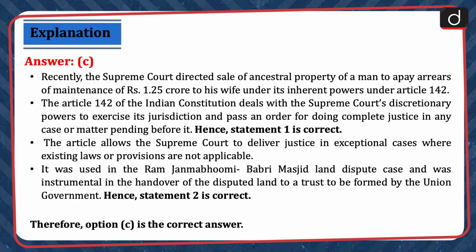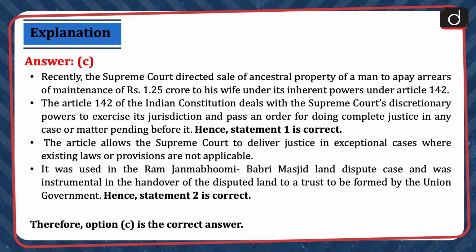Recently, the Supreme Court directed sale of ancestral property of a man to pay arrears of maintenance of Rs 1.25 crore to his wife under its inherent powers under Article 142. The Article 142 of the Indian Constitution deals with the Supreme Court's discretionary powers to exercise its jurisdiction and pass an order for doing complete justice in any case or matter pending before it.